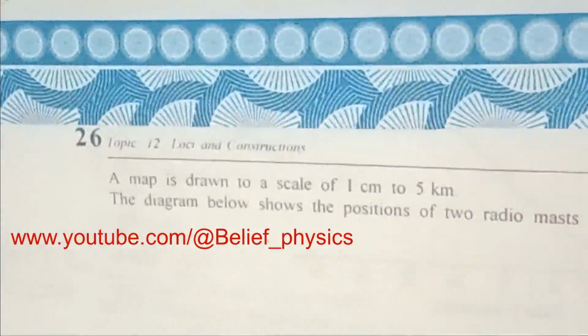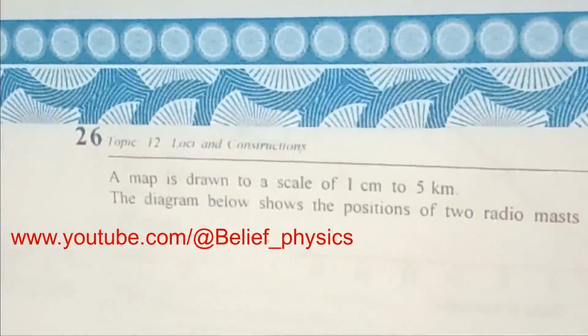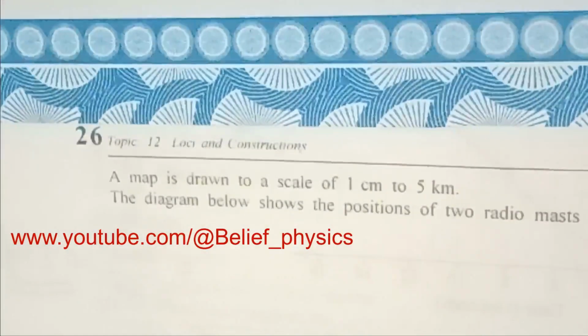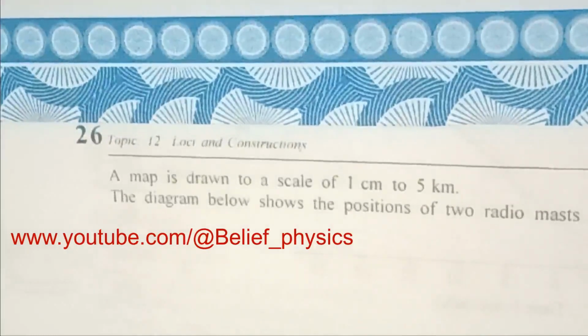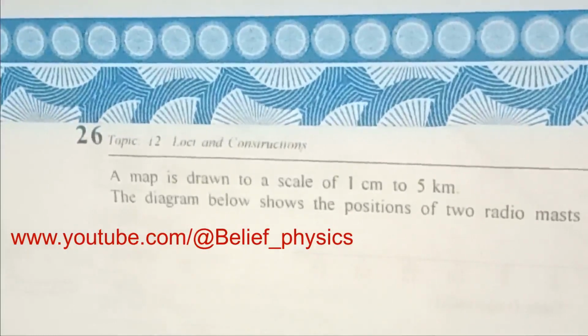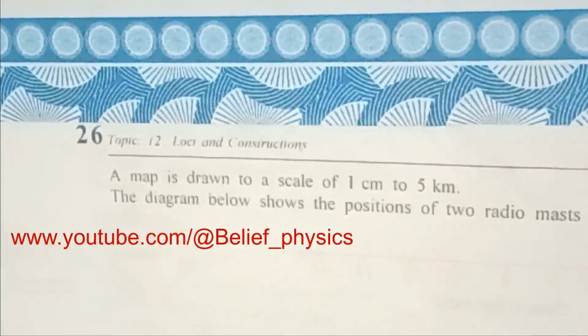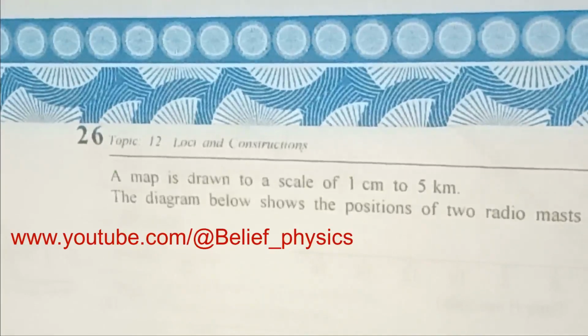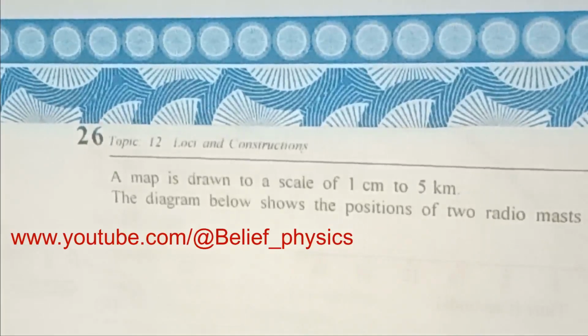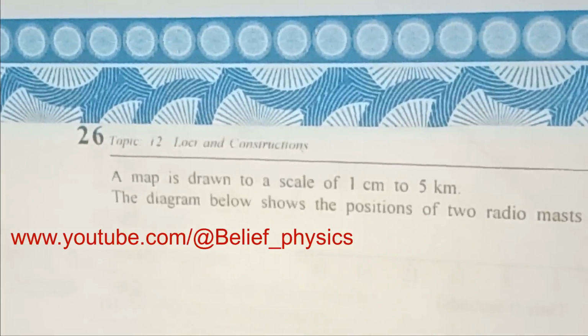Today we are going to solve a question about loci and construction from the past paper of June 2010, paper 1. The question is: a map is drawn to a scale of 1 centimeter to 5 kilometer.